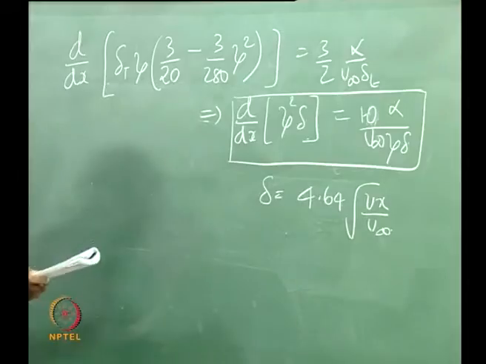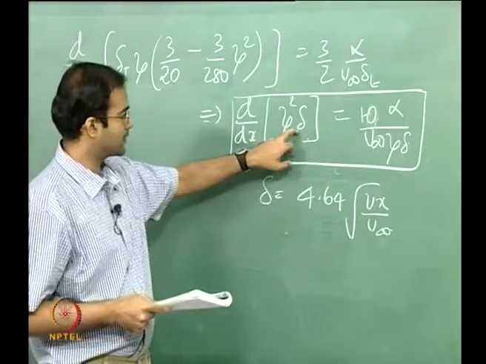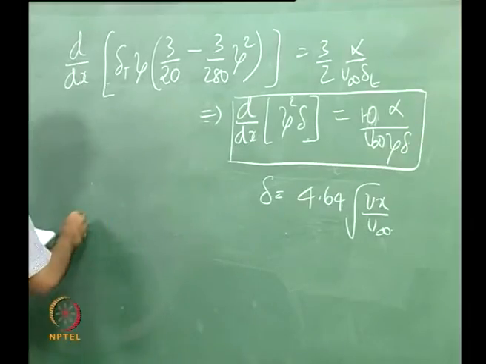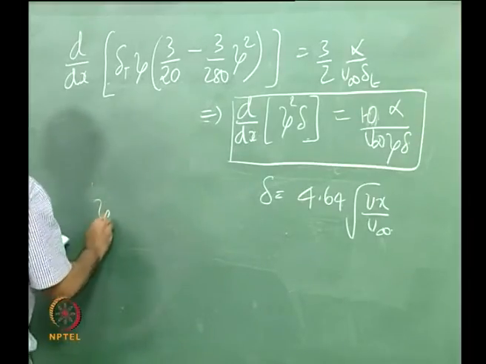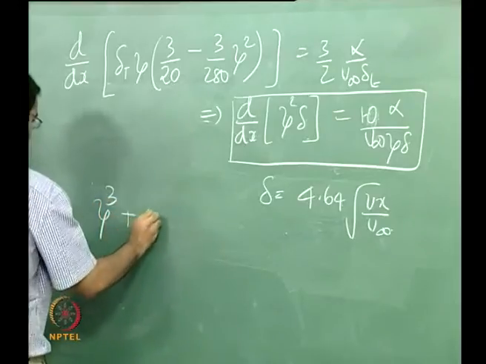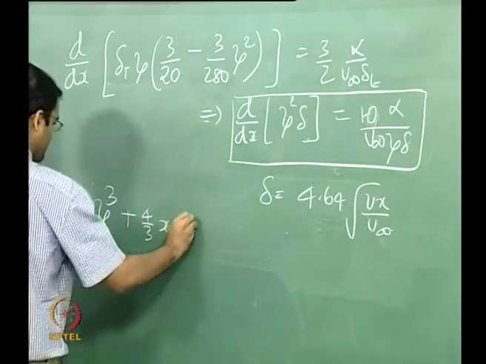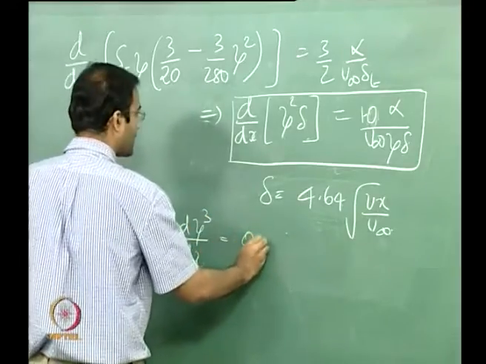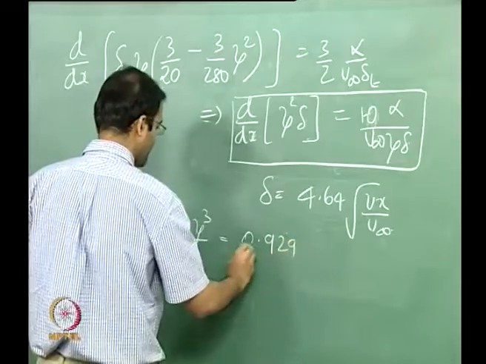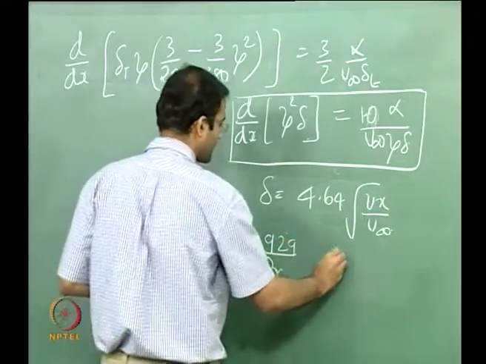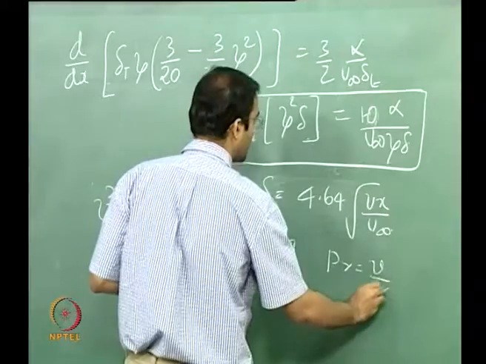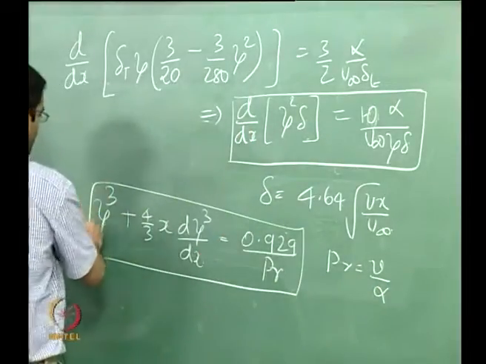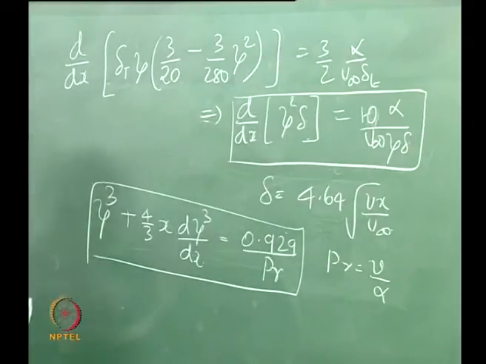Substituting this value of delta and expanding this ODE, it will be zeta cube plus 4 by 3 x d zeta cube by dx equal to 0.929 by Prandtl number, where Prandtl number is mu by alpha. This is what you will finally get as the ordinary differential equation.